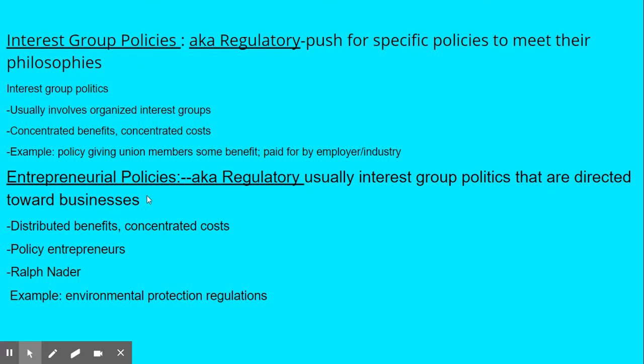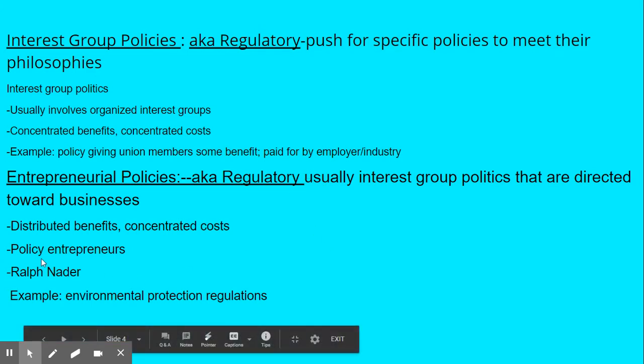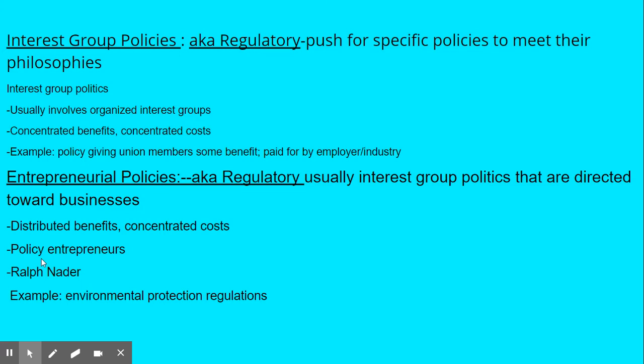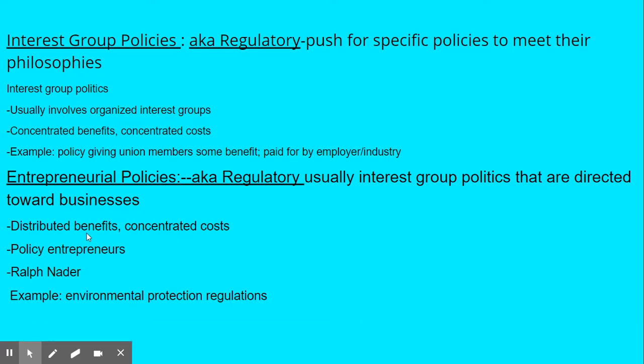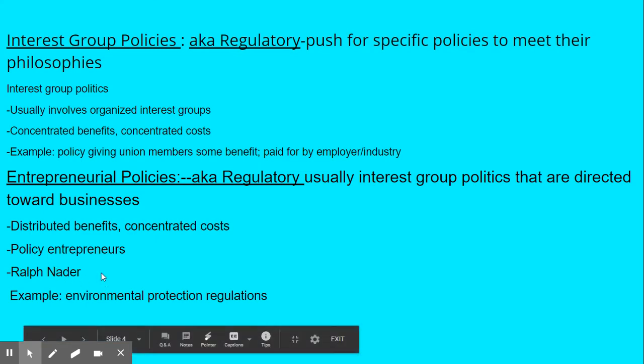All right, then entrepreneurial. This is also regulatory. This is the interest group sort of policies or politics, but it's directed toward the business side of things, businesses. All right, so there are distributed benefits and concentrated costs. So pretty much everyone benefits, but a particular industry pays for it. An example would be back during this guy named Ralph Nader.